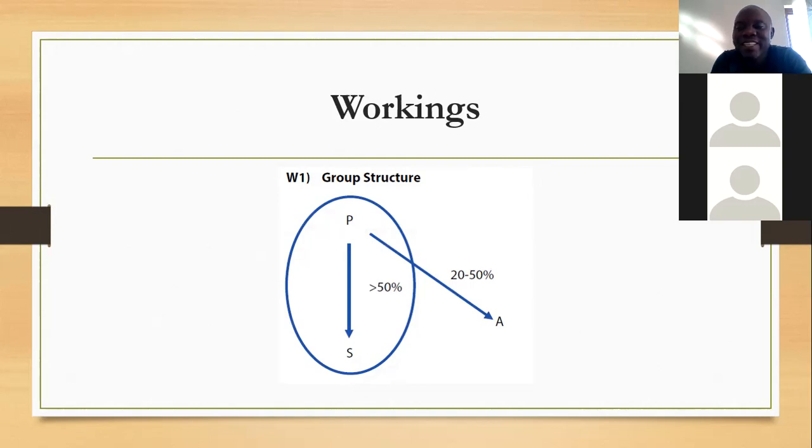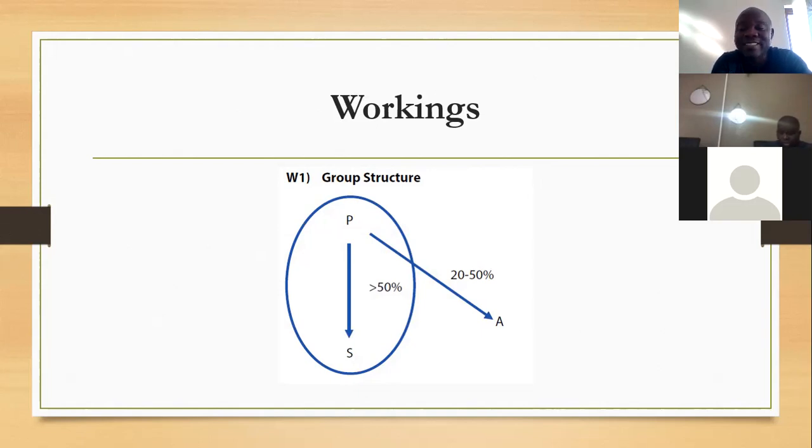How much worth of shares did the parent company buy in another company, which is less than 50% and probably higher than 20%, which gives the parent company an associate status? So that's the first part that you have to look at. You have to come up with a group structure.